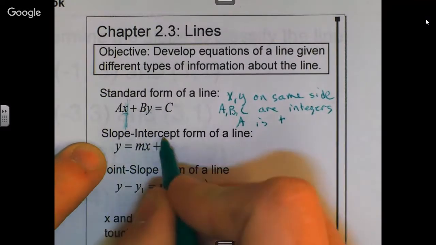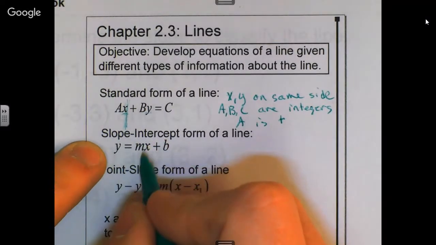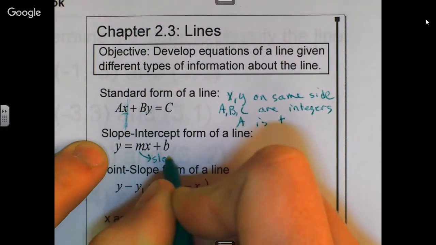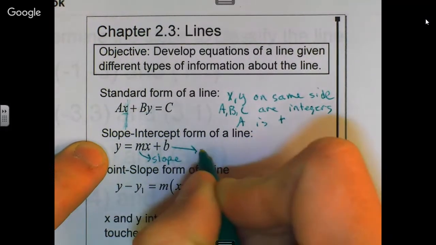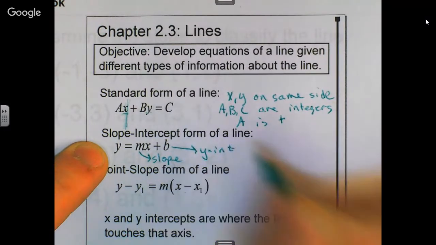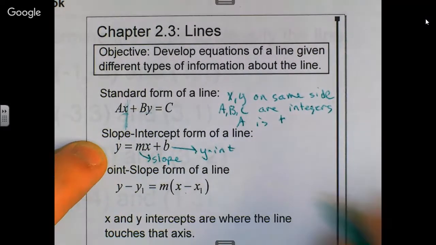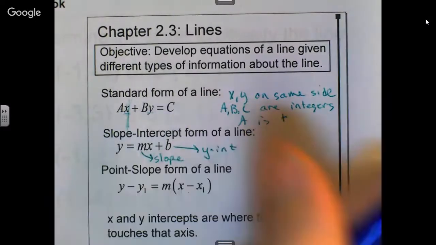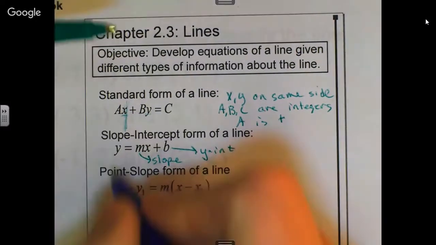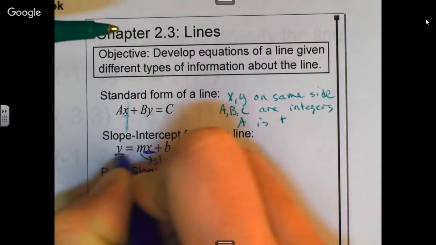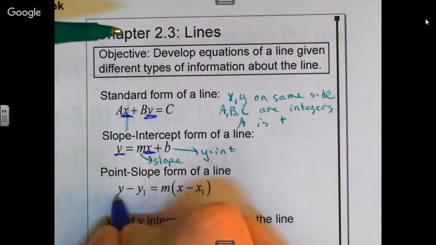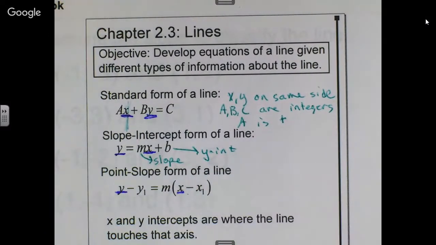We have slope-intercept, and the reason it's called slope-intercept is because I give you the slope, and I give you the y-intercept. Now this x and this y, and this x and this y, and even this y and this x, all three of those are the same.